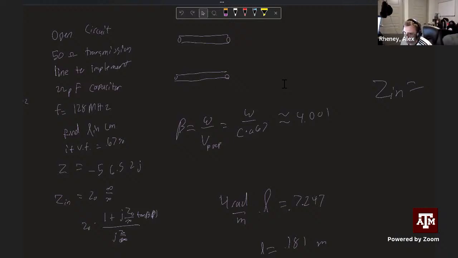So it's basically the same equation that we use for finding gamma, except using the impedances. It's the same idea behind gamma.